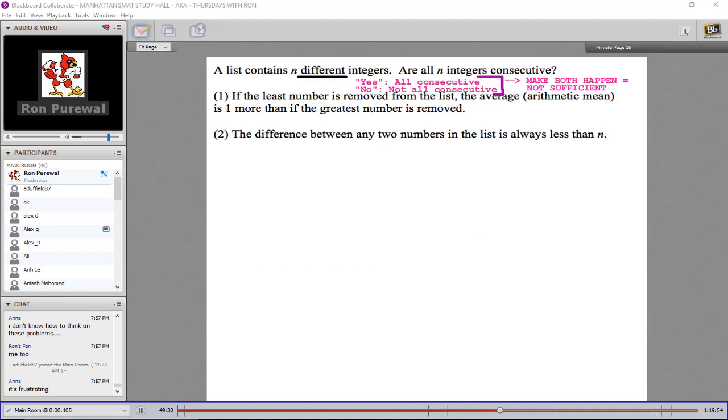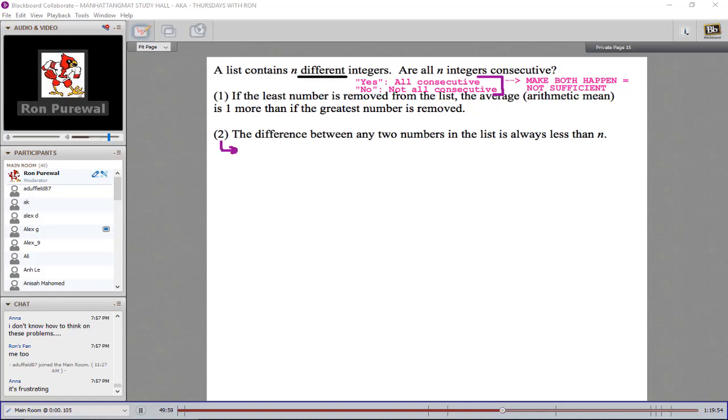The difference between any two numbers in the list is always less than n. Let's talk about that. Say we have, let's look at some number of integers.